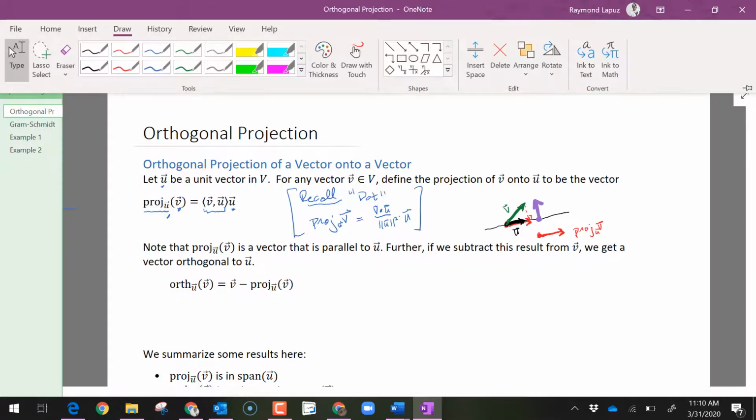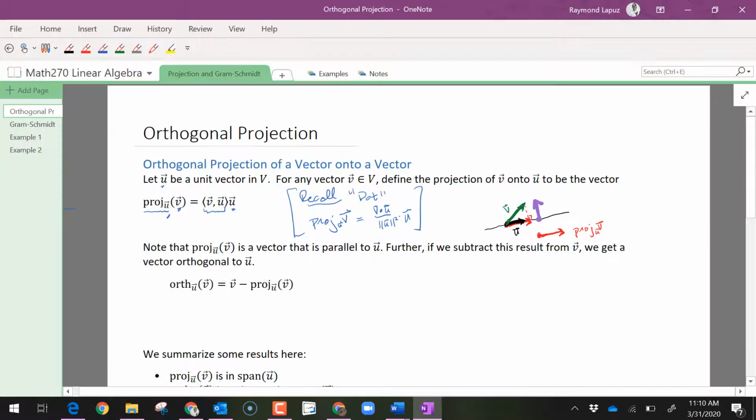And I think that is going to be the important generalization that we're going to examine. So this vector here we're calling the orth of v onto u, and it's really just the difference between the v vector and the projection vector that we just found. The projection vector is parallel to u, within that space, but the orthogonal vector is perpendicular to u.